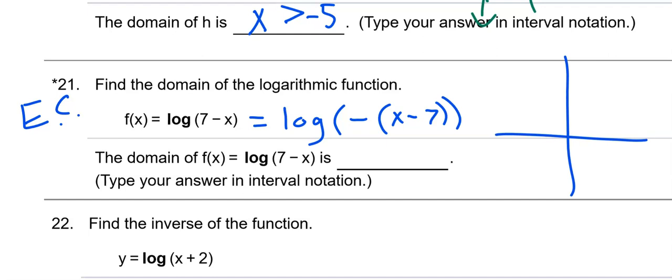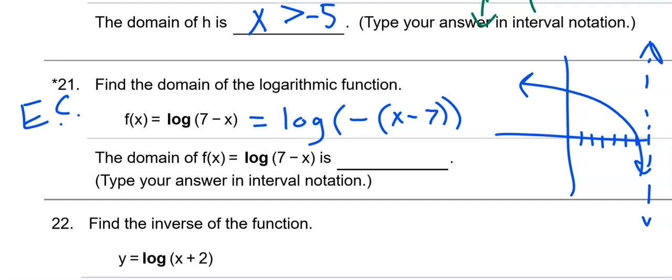Now it's true that 3, 4, 5, 6, 7, right? It's true that it has a vertical asymptote because it got moved 7 units to the right. But because it reflected across the x-axis, I'm sorry, reflected across the y-axis, it's doing one of these things.